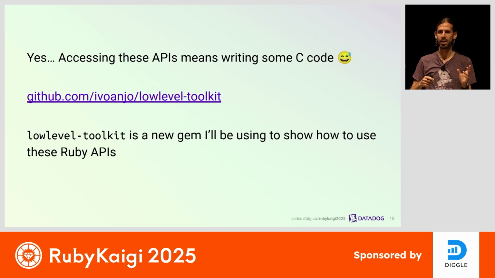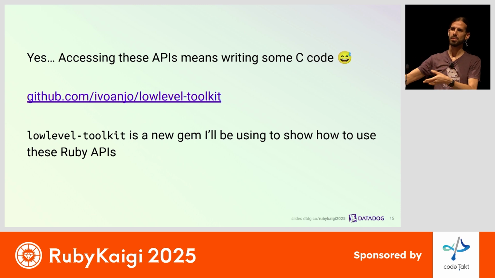I'm hoping to make it a repository of a lot of very small tools that you can use to investigate applications. But it's also a living example of how you can use these APIs. So if you want to experiment with them, instead of having to start from scratch and figure out how to build some C code, you can just clone this repository and start playing with it.